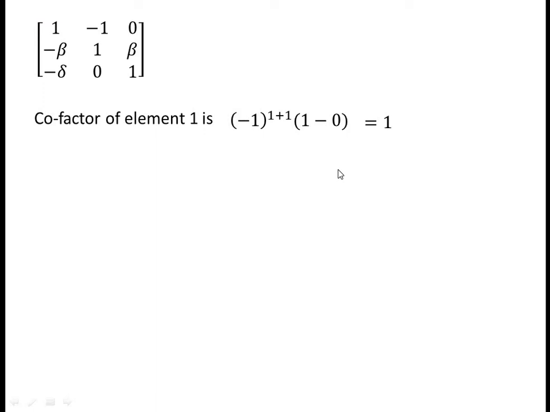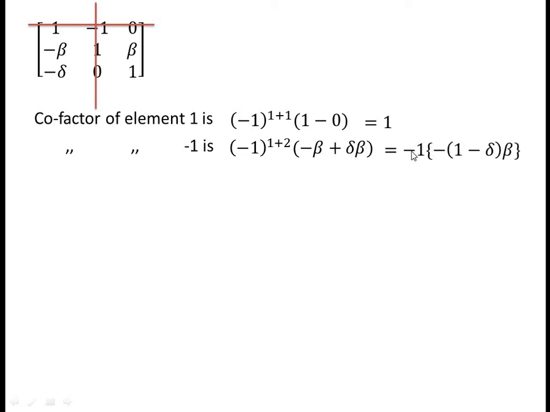Similarly, the cofactor of minus 1 is minus 1 to the power 1 plus 2, because minus 1 is in the first row and second column, into minus beta into 1 is minus beta, minus delta beta, so minus plus delta beta, that is equal to minus 1 into minus 1 minus delta into beta, which is equal to 1 minus delta into beta.